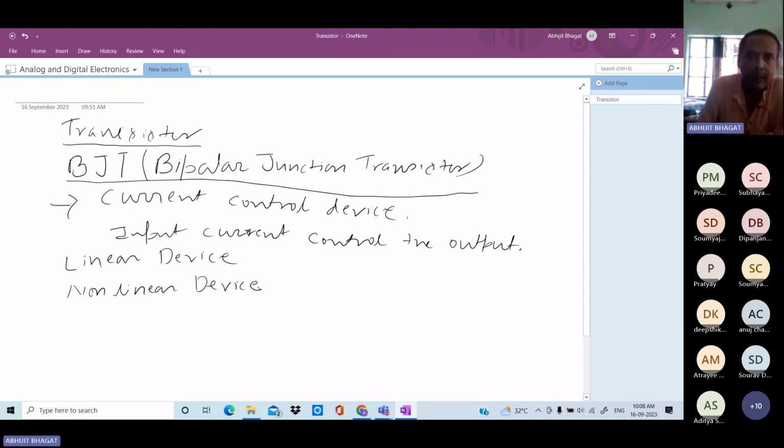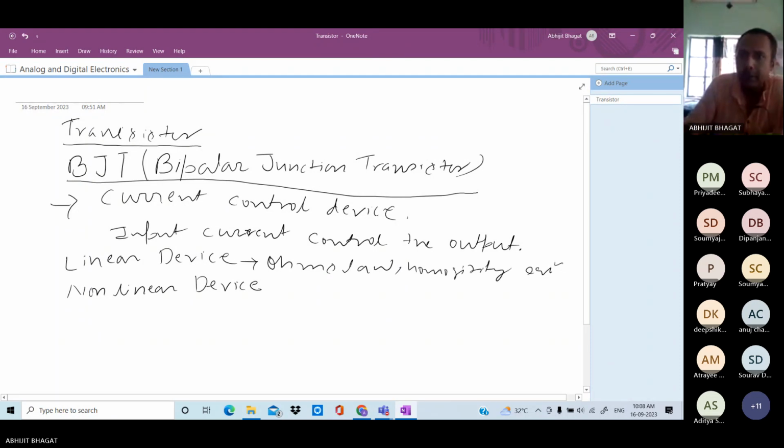So first, what is a linear device? Linear device is the device which follows Ohm's law and the homogeneity equation. Those are the linear devices.